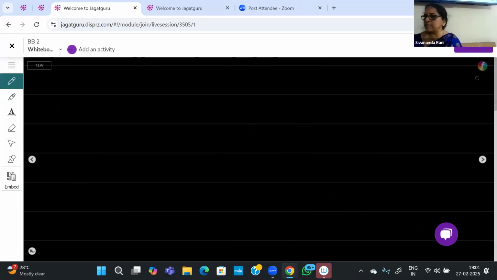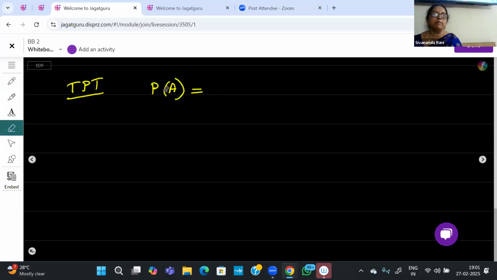And the next aspect is the total probability theorem, isn't it? Of course, we recalled it in one context, but shall we recall it once again? The situation where the total probability theorem works. For example, suppose I want white balls from several bags.